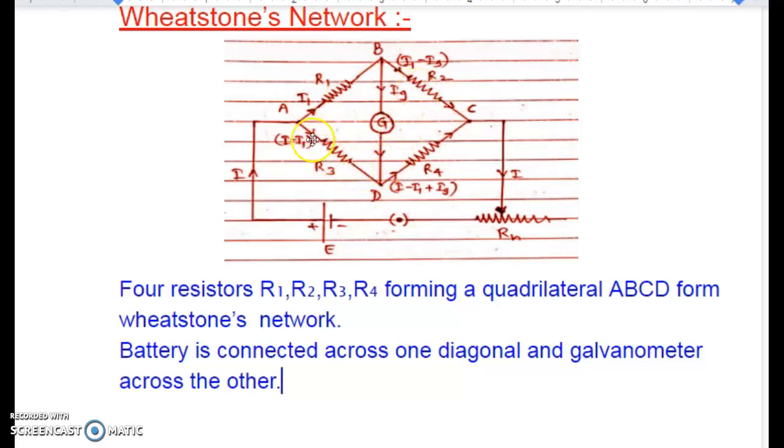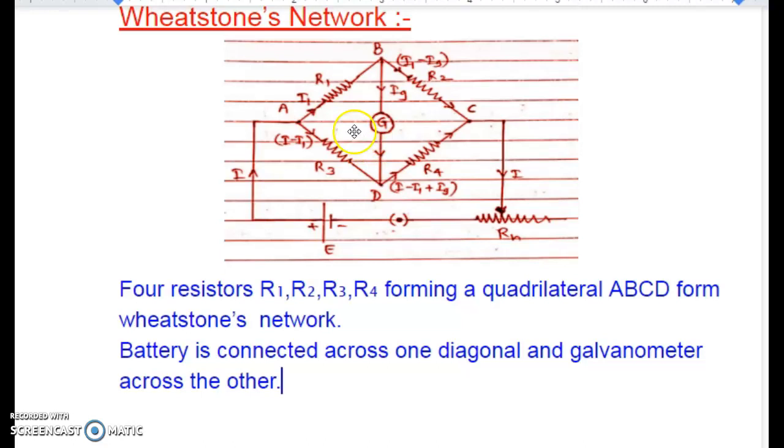Similarly, the same potential difference applied between A and C is also divided in the ratio R3 is to R4 by these two. Now, if I want the potential to be the same at point B and at point D, it is possible only if whatever is the ratio of resistances of R1 and R2, the same ratio of resistances should be there for R3 and R4.